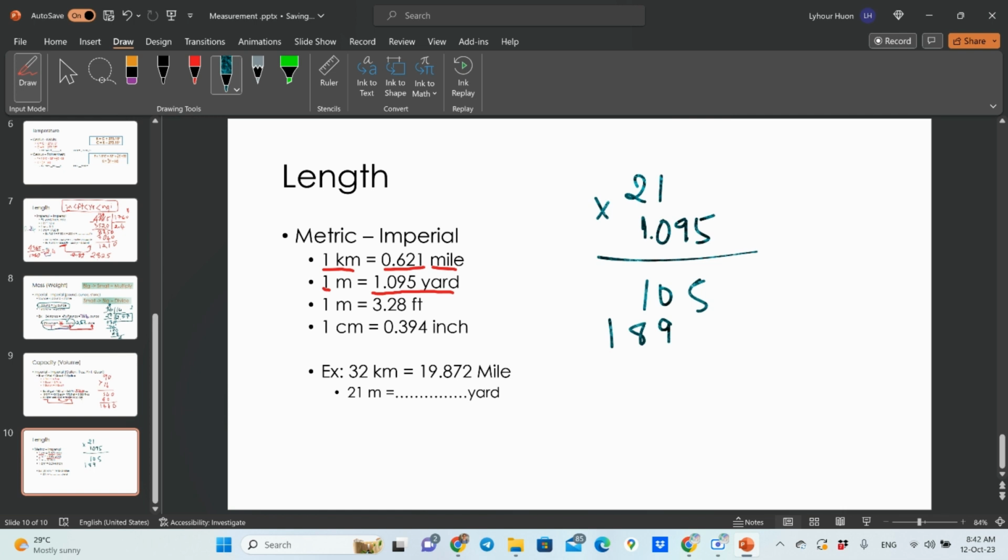If we have 0 here, should we multiply? No, right? We can, but it will be 0, 0, 0. So just skip that part and then it comes to 1 here. The next one, 1.